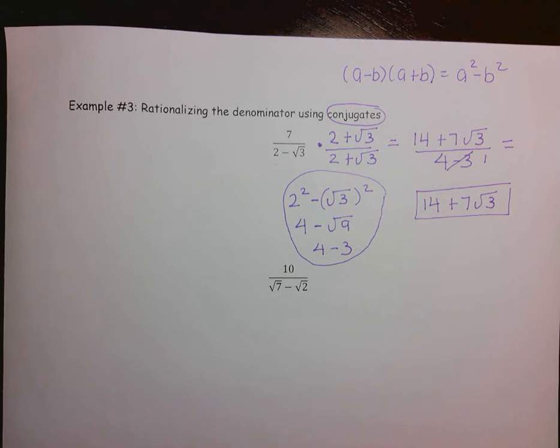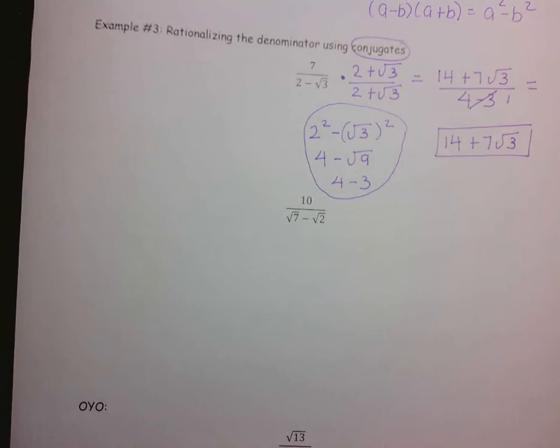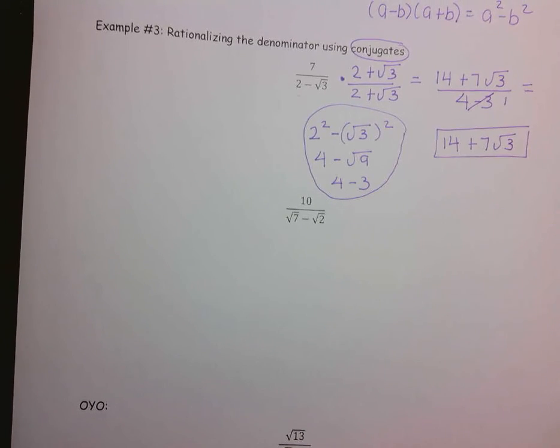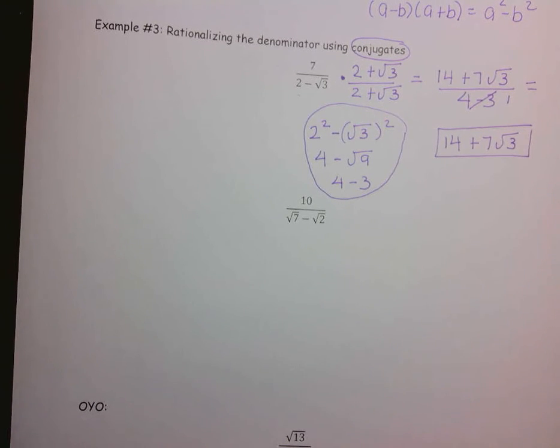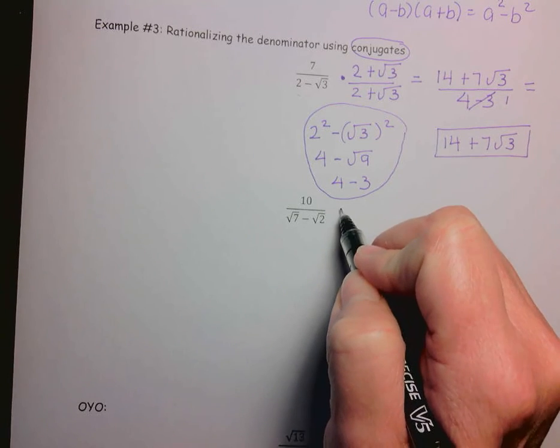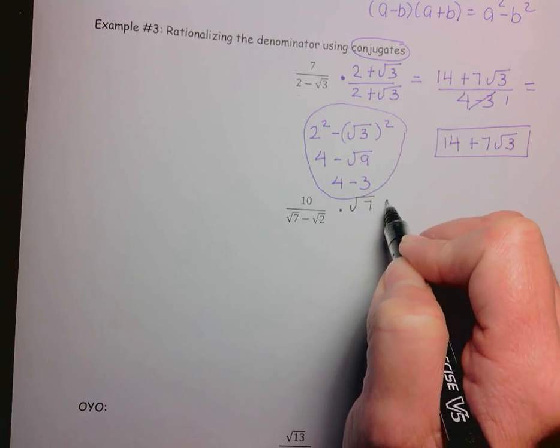Okay, let me go over another example for you. I'm going to rationalize the denominator by multiplying the top and bottom by the conjugate of the bottom.